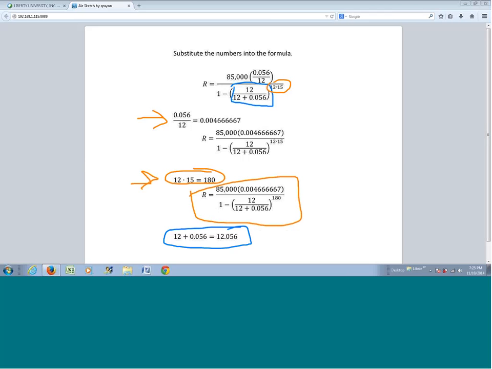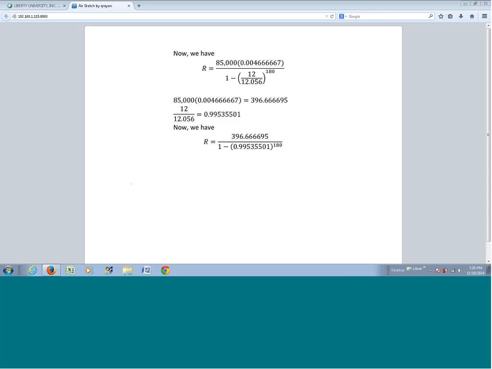So every time I calculate something, I'm actually rewriting the whole thing so that I can see, okay, I take this out and I put that there, and then I take out the 12 times 15 and I put 180 right there. And now I take 12 plus 0.056 and write 12.056. So with those calculations, it gives me this. Notice again, I rewrote the whole thing, and I have lots of numbers after my decimal point. I just stopped writing if the calculator came to an end.